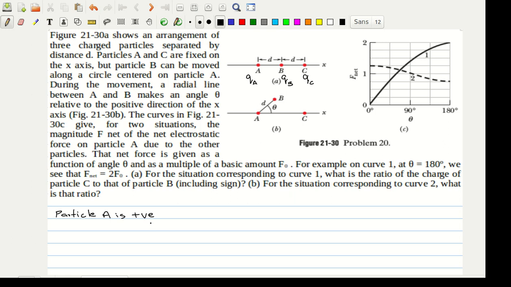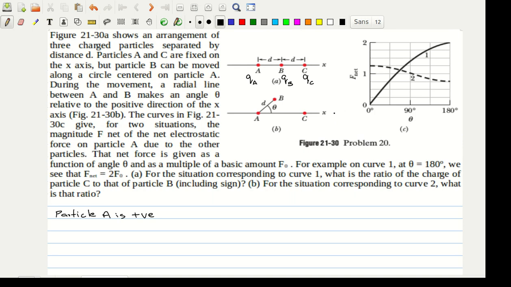The only thing is that the direction of the forces will change. So we are assuming that particle A is positive, and based on that assumption we are going to find the forces on particle A due to particle B and particle C.